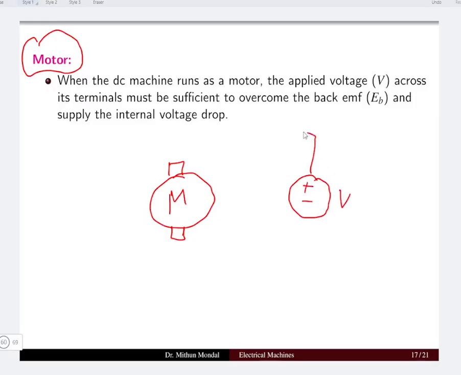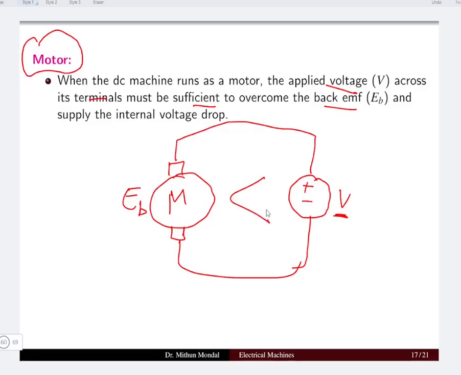This will be taken to the motor. Earlier the load was there, now we will have the voltage, and hence the applied voltage V across its terminal must be sufficient to overcome the back EMF. So the generated EMF will convert to back EMF in the case of the motor. V has to be more than EB, only then will the motor be driven.